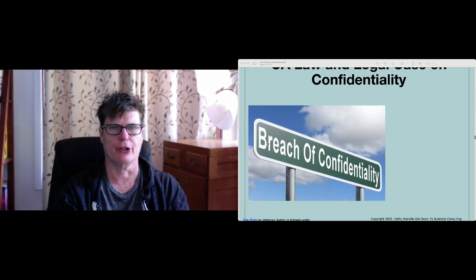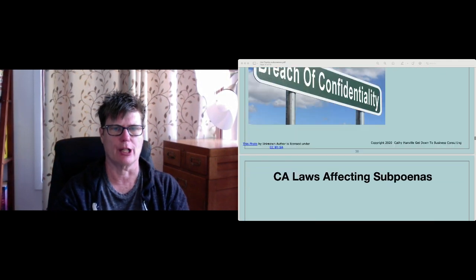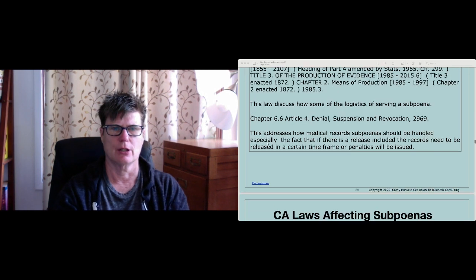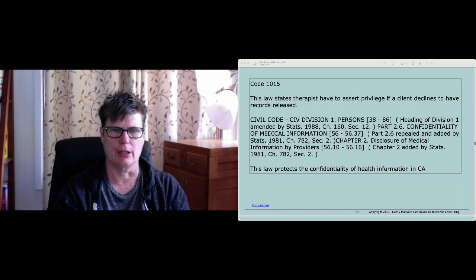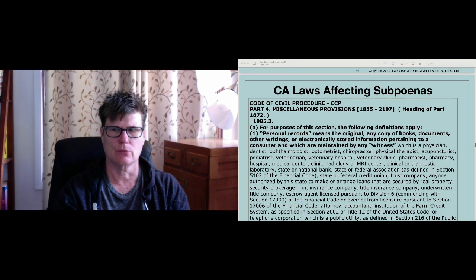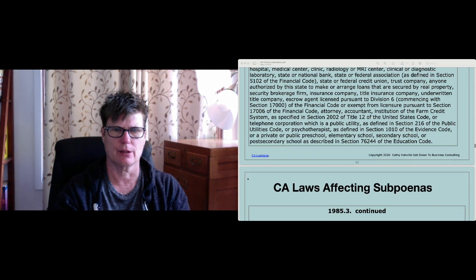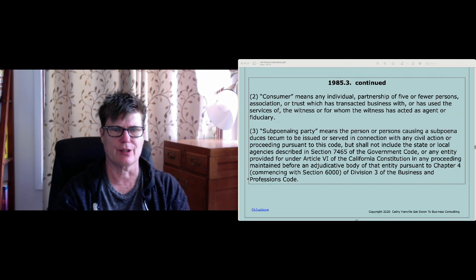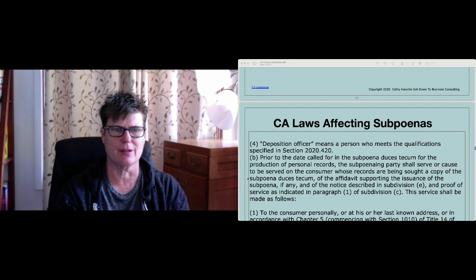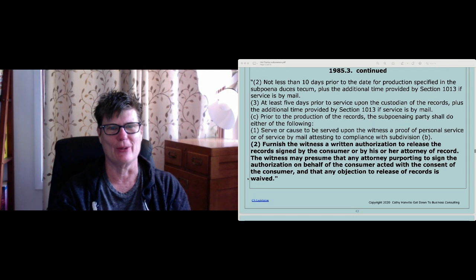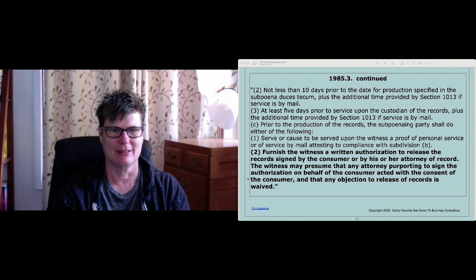So what's California law and legal cases on confidentiality? And this is just a whole lot of law you can talk about. I have highlighted certain parts. This gives you a lot of definitions and stuff. It's actually worth reading. I know we don't always want to read these things.